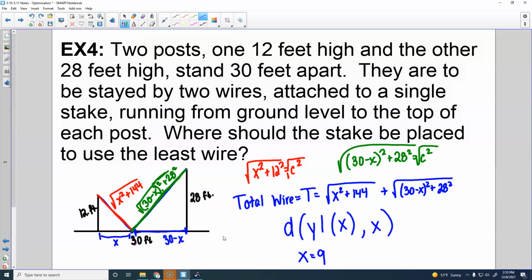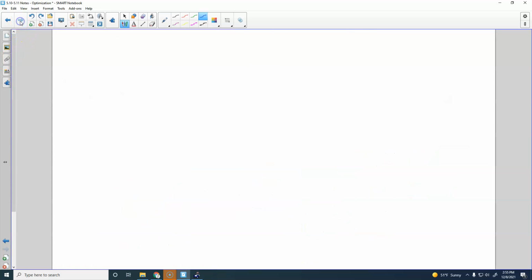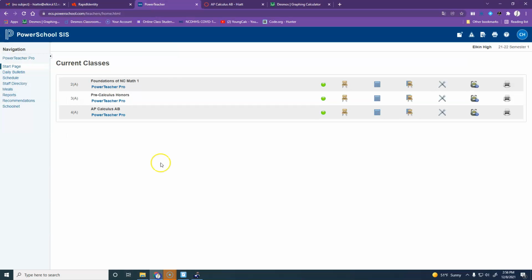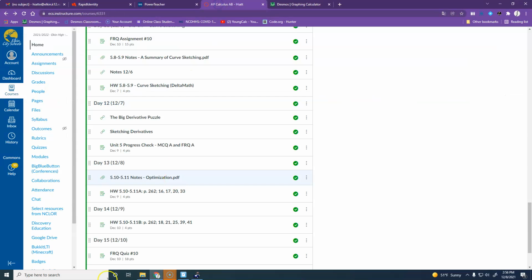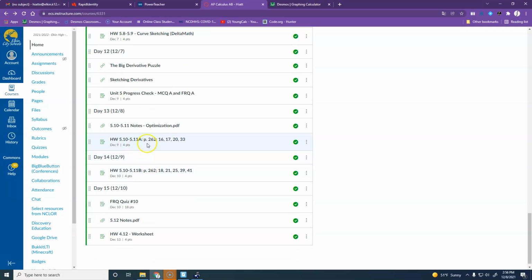All right. So, your assignment for tonight, which we're going to do those other 2 examples tomorrow. This is a section we spend 2 days on. Your homework for tonight is page 262, problems 16, 17, 20, and 33.